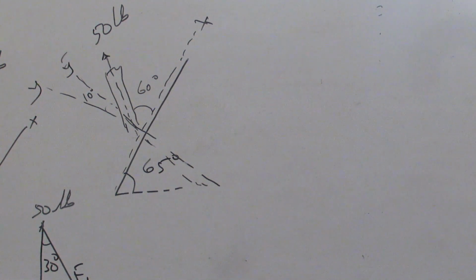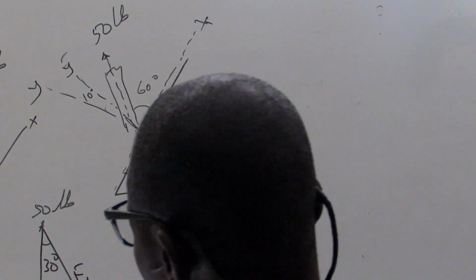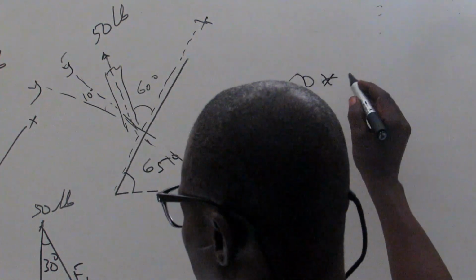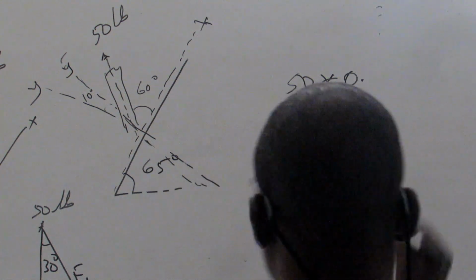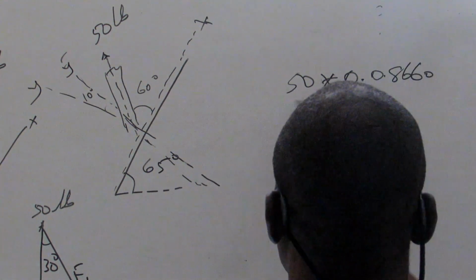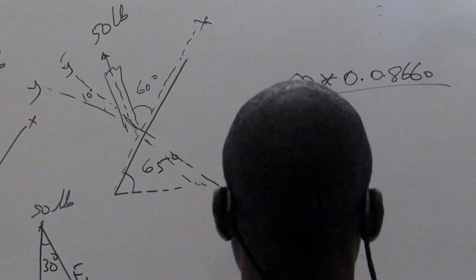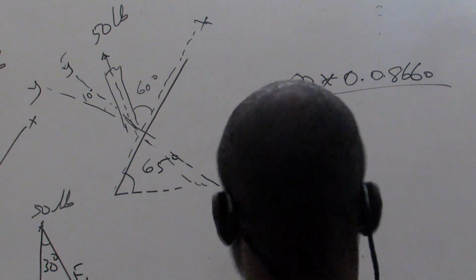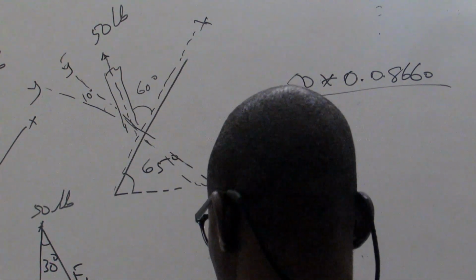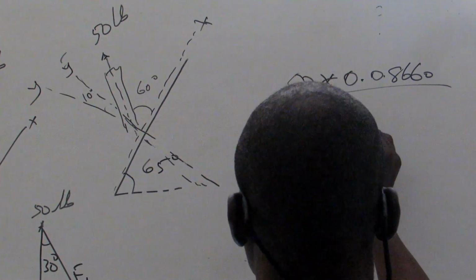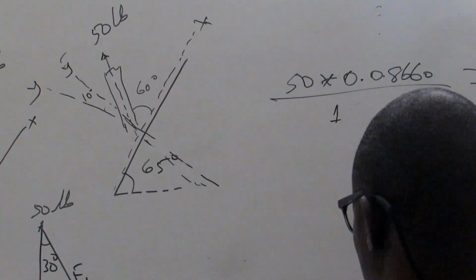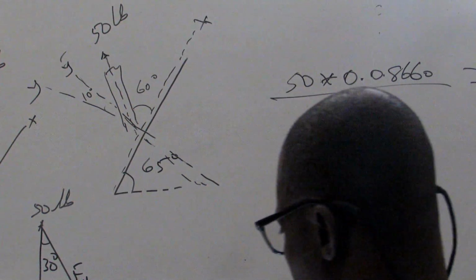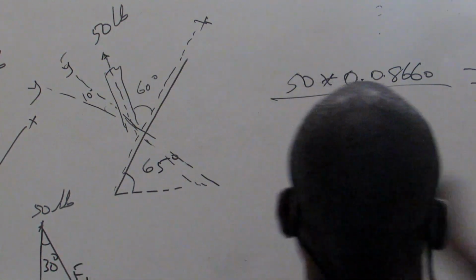Punch our calculators: 50 times sine 60 degrees, which is 0.8660, and sine 90 degrees is 1. So FX equals 43.30 pounds.